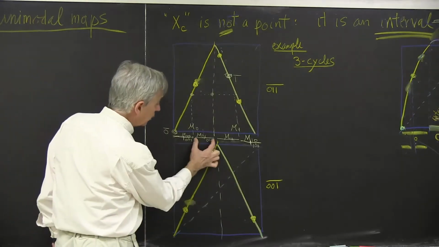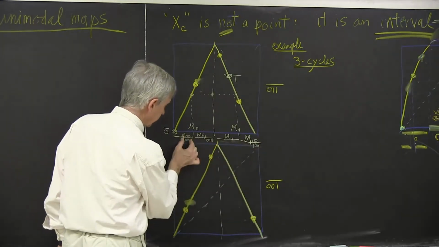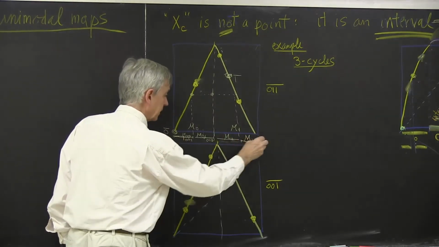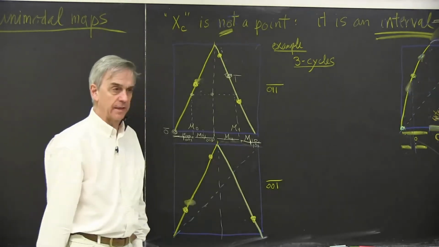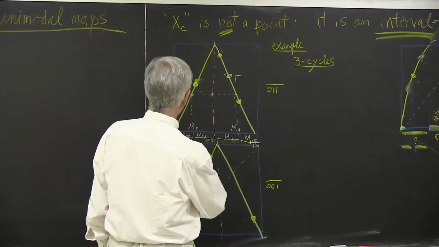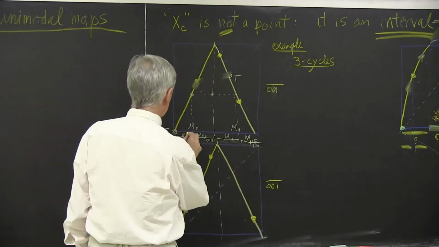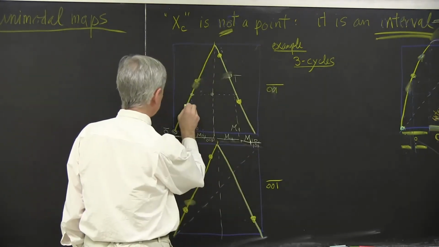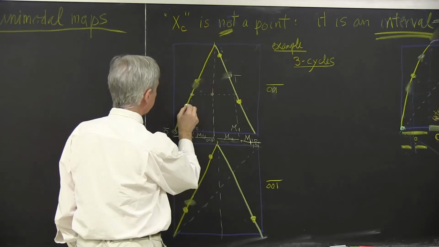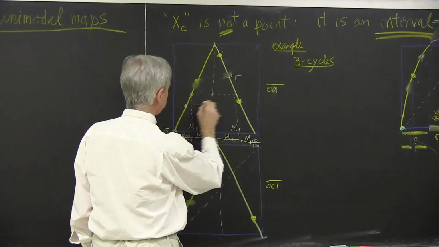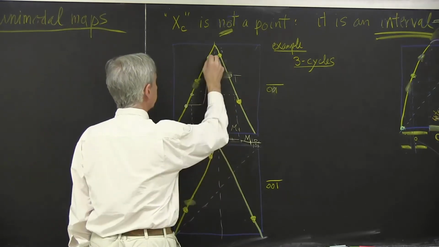See, I know that it's in this interval, and that interval. Out of 8 possible intervals, there are 3 that have the right symbolic dynamics for this cycle. I will find a point which iterated once still ends up on the left-hand side, so it goes up here.